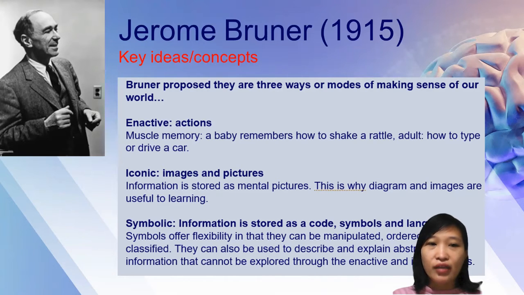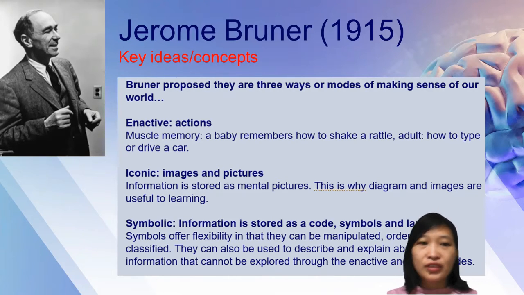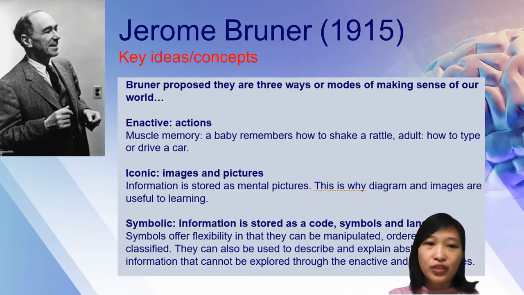And we also have the iconic, the images and the pictures. Information is stored as mental pictures. This is why diagrams and images are useful to learning. We also have symbolic, where information is stored as a code, symbols and language.